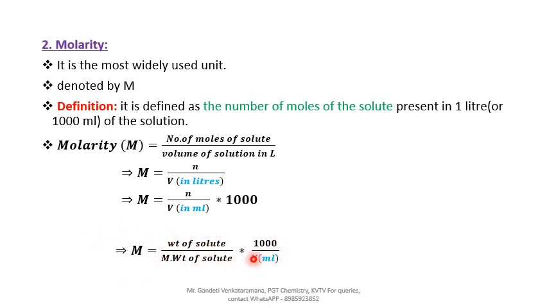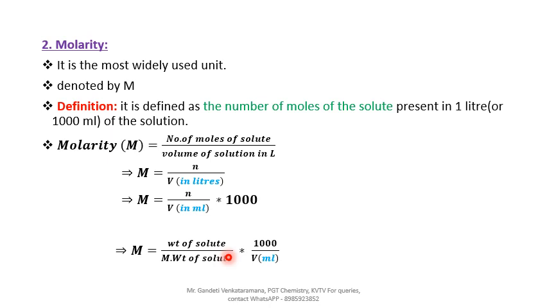So what we have done here is very simple. In place of N we have substituted weight of the solute by molecular weight of the solute. Already we discussed that N represents moles of the solute, and we know how to calculate moles of the solute: weight of the solute by molecular weight of the solute. Weight will be given to you, molecular weight is to be calculated by the candidate.